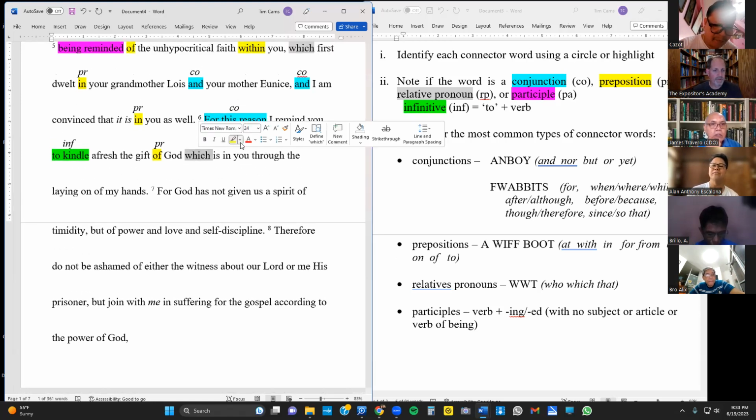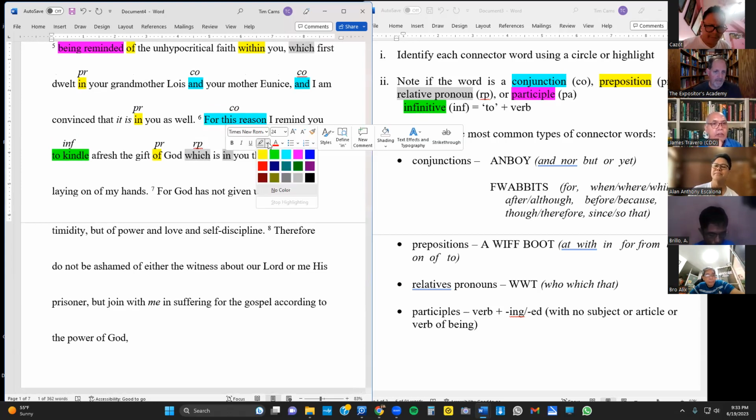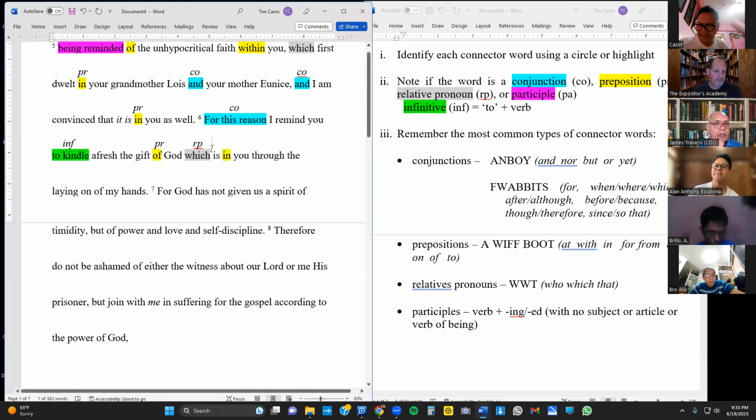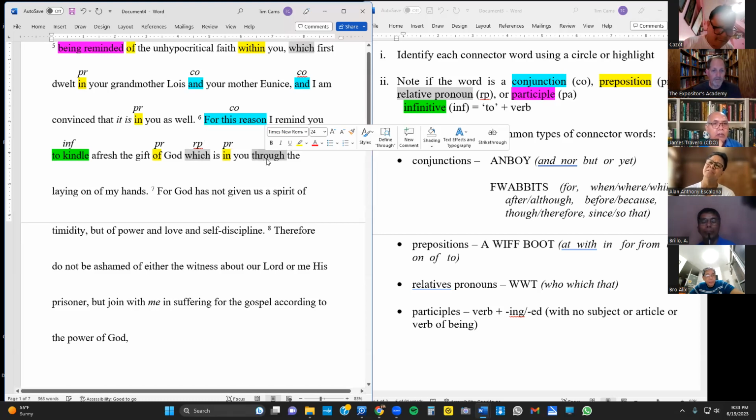All right, so we're going to put it in gray. Any others? In. Yep. What is that? Preposition. Through. Yes, good. What kind of connector word is that? Preposition.